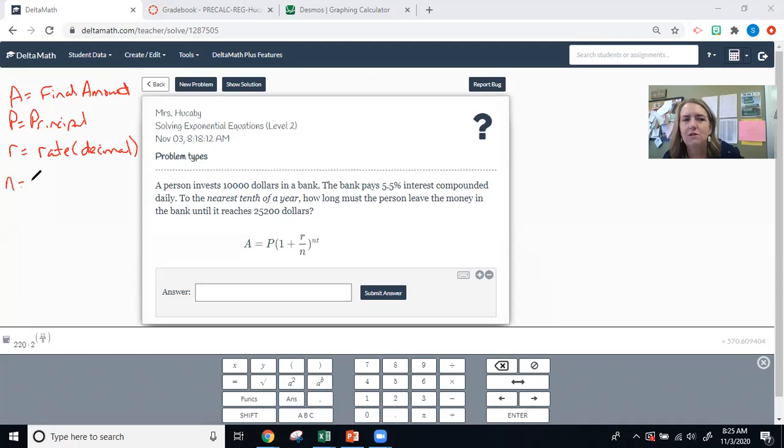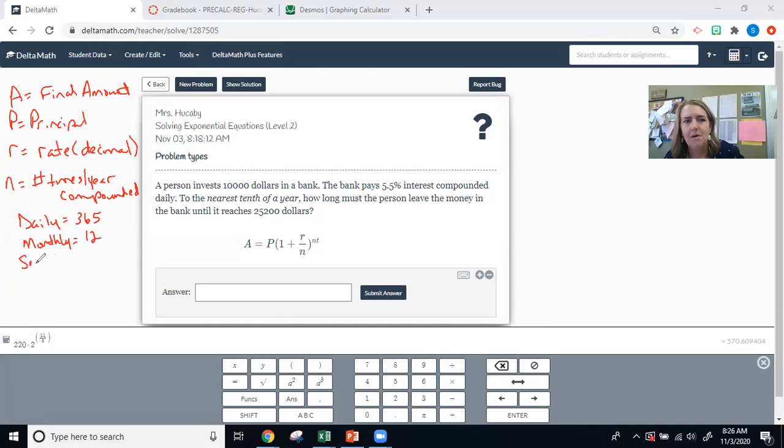N, this one is a tricky one, so we're going to have some notes on this. This is the number of times per year that it is compounded. So that could be, if it says daily, how many days in a year are there? 365. If it says monthly, how many months are there in a year? 12.